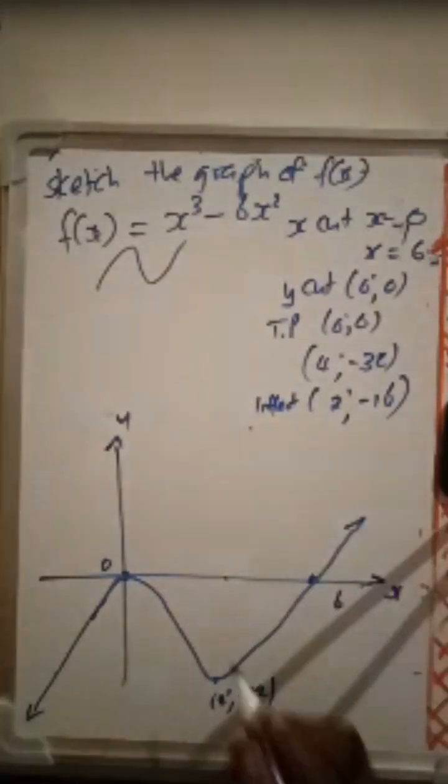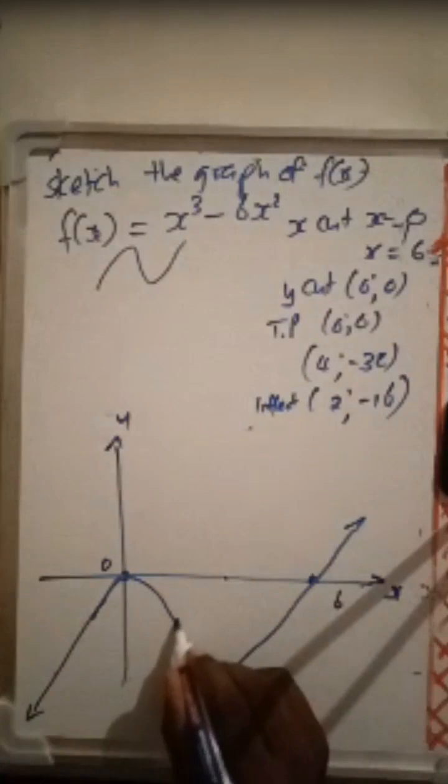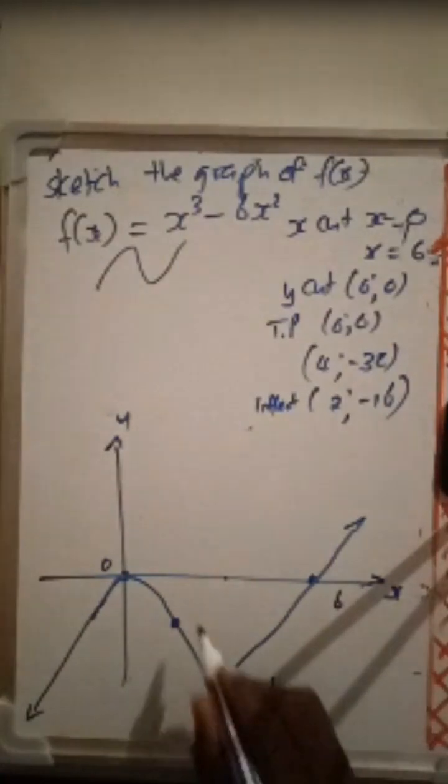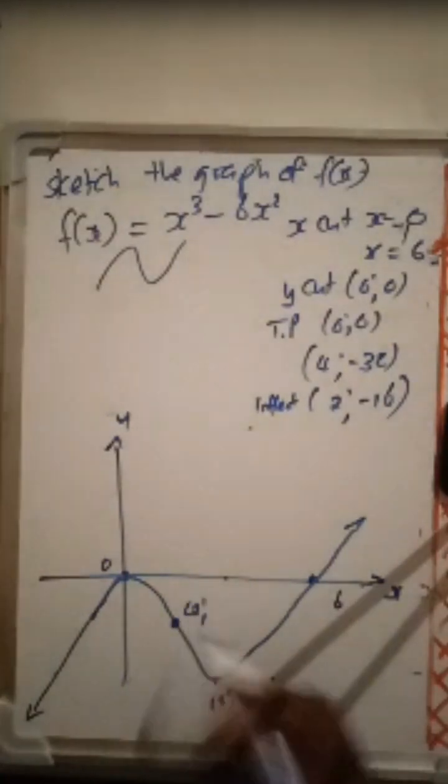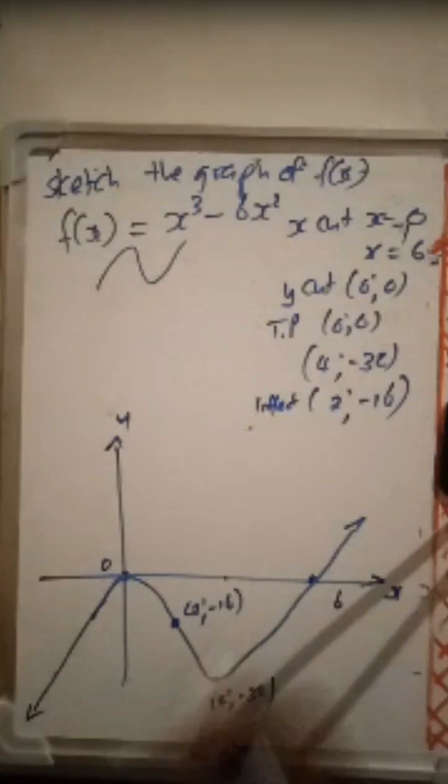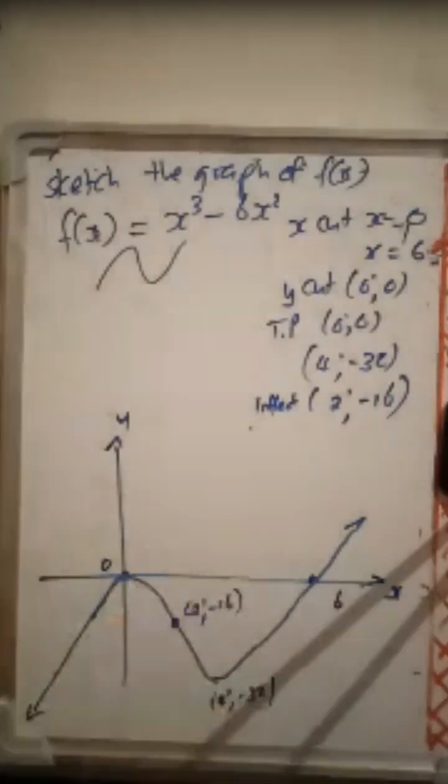So the point of inflection is somewhere there, where we are going to have (2, negative 16). So this one is (0, 0). There is (4, negative 32). There is 6. So that is our graph. That is how we sketch the graph.